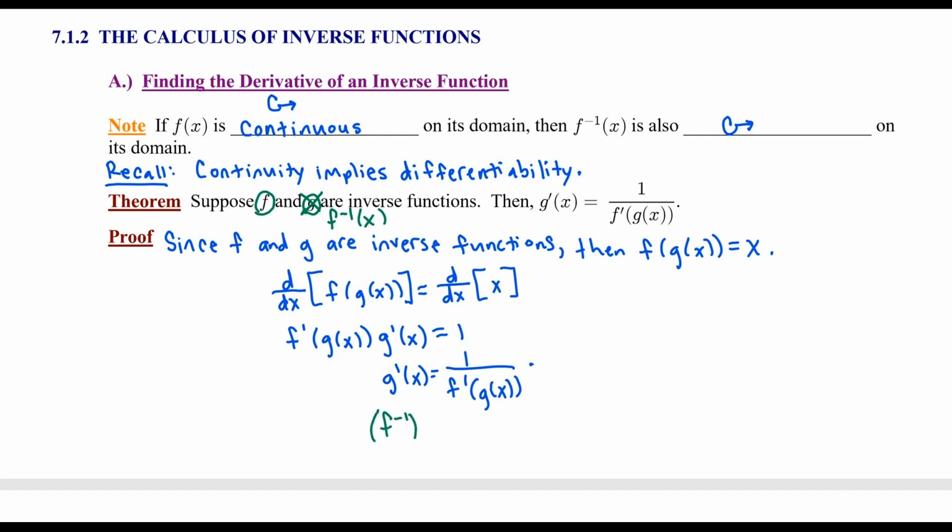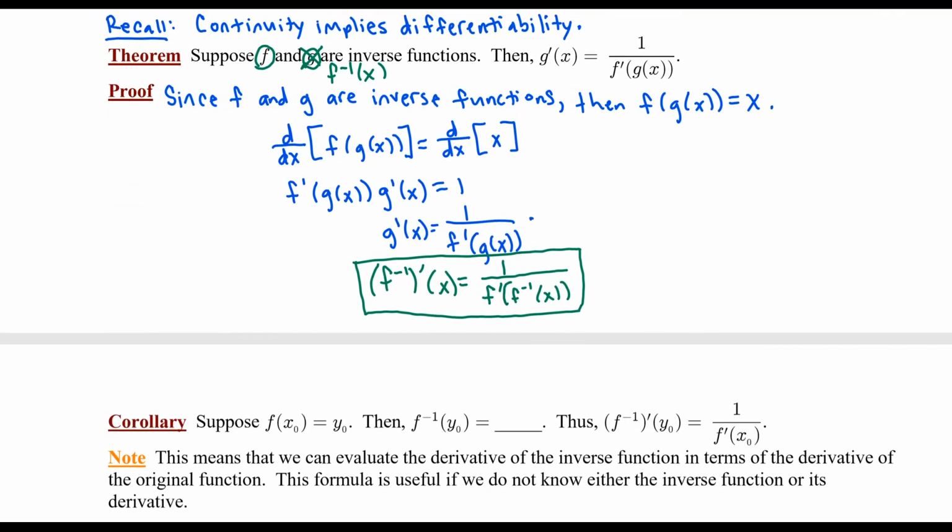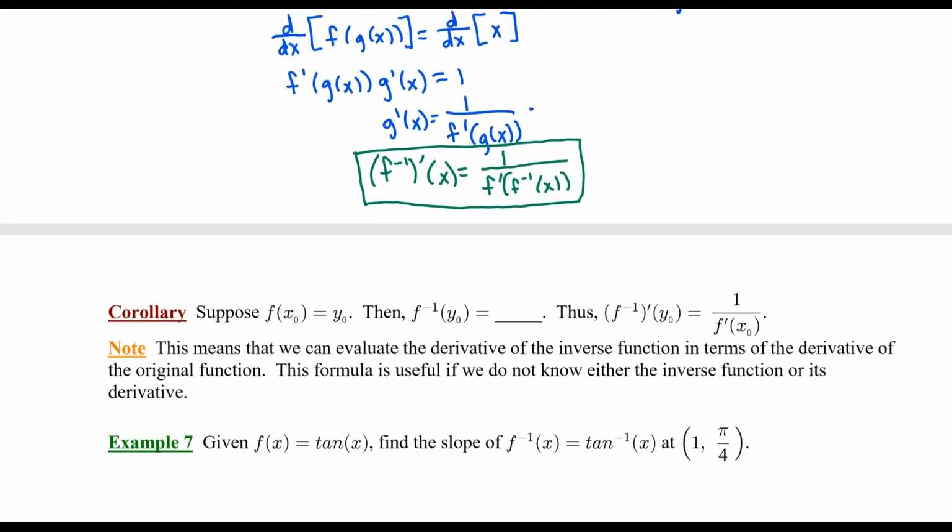So on the left side here, I have the derivative of f inverse is equal to, on the right side, we're going to keep f, that's the original function. This is a prime, not an inverse, right? Then I'm going to replace g with f inverse of x. So here's what the formula looks like using inverse function notation. And once again, this expresses the relationship between the derivative of a function and the derivative of its inverse function.